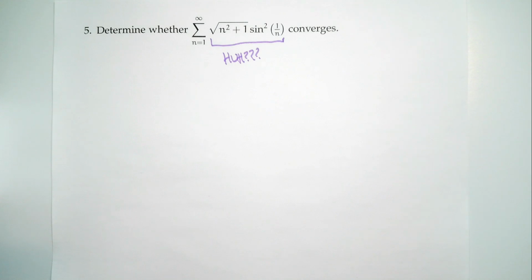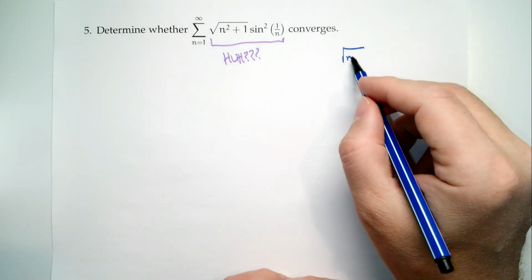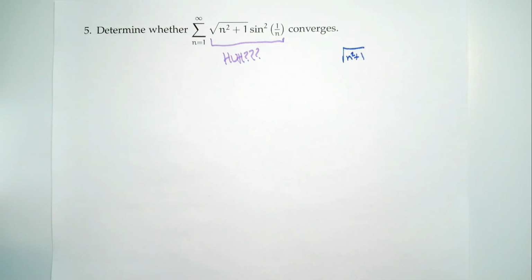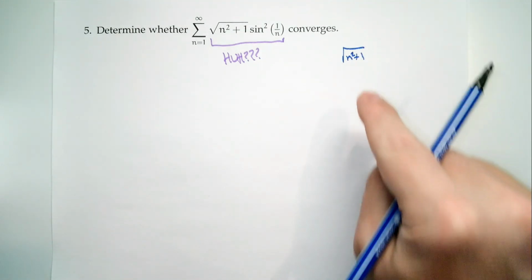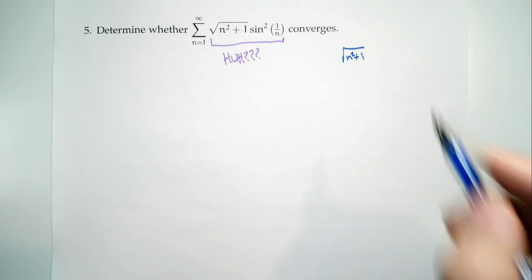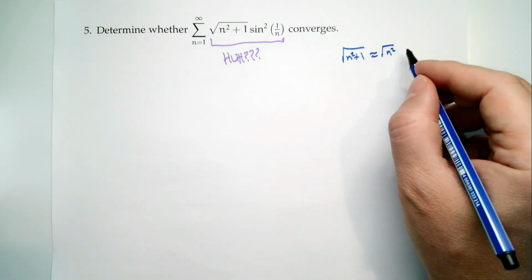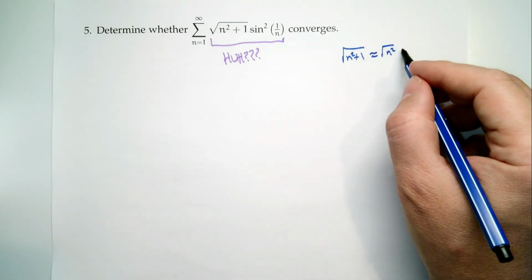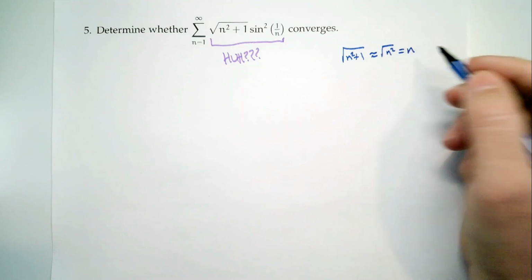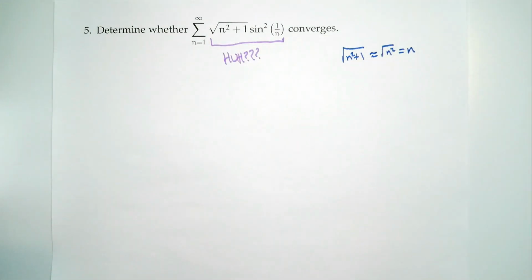So let's think about our pieces here. Square root of n squared plus 1. Well, what is that like? Notice that the plus 1 really doesn't have a big effect. So it's basically like the square root of n squared. And of course n here is positive, so it's like n. So this first term is growing like n.